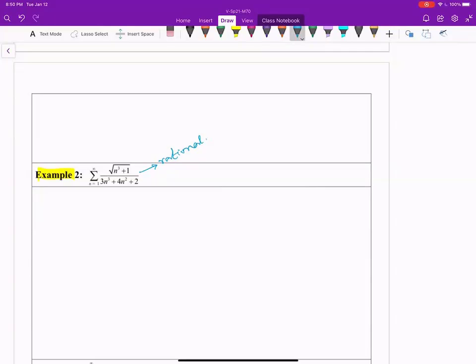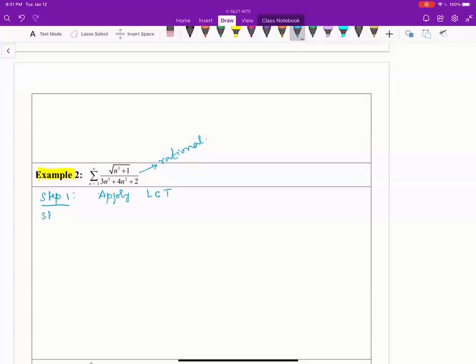The test for divergence may not work here, so we will apply the limit comparison test or comparison test. Limit comparison test may be a better option here. If you are able to recognize what to apply, mention that you apply a limit comparison test, LCT.